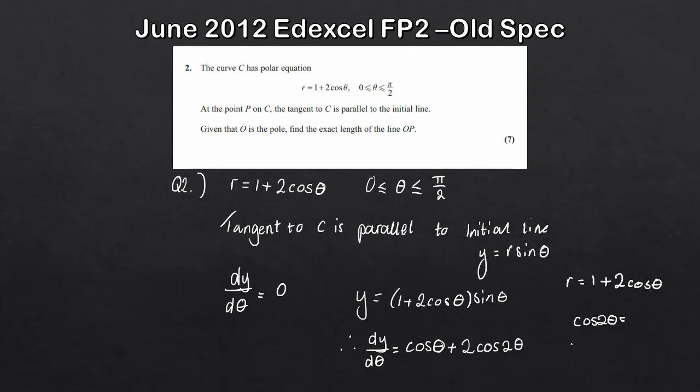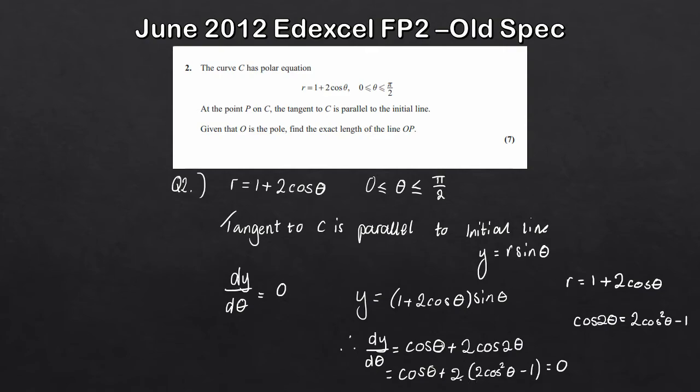Okay. Now don't forget, for cos 2 theta there's multiple identities you can use, but because we want a quadratic, the one that I'm going to use here is 2 cos squared theta minus 1. Okay. Use that identity there, then we're going to obtain the quadratic that we require. So if I sub that in, what I've got is cos theta plus 2 lots of this, like so, and this is equal to 0, okay, because dy by d theta, like we mentioned, is 0.